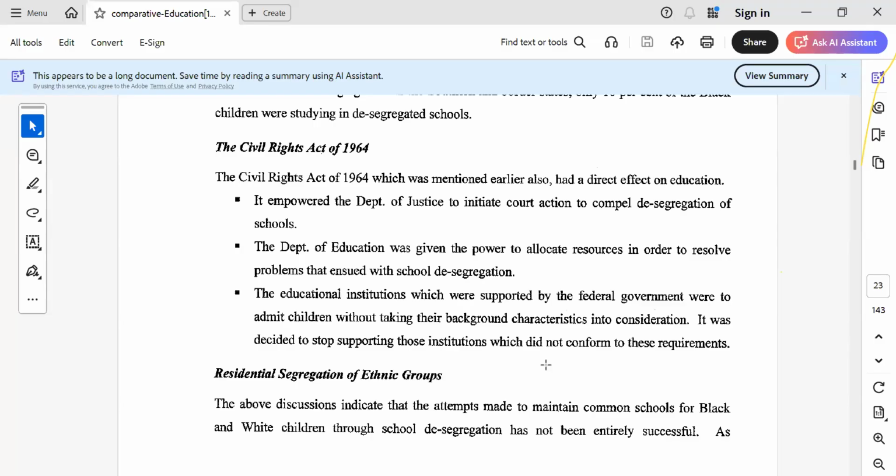So yesterday one gentleman asked a question of why comparative education, why we are comparing these countries and all. Yesterday we compared the education systems of different schools, but here you can see the disparities.